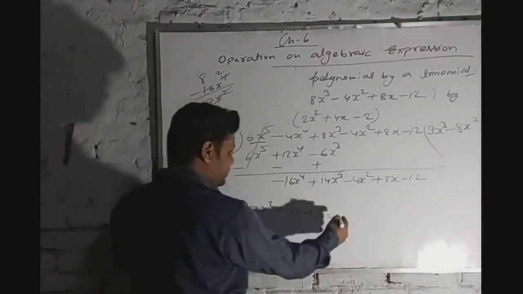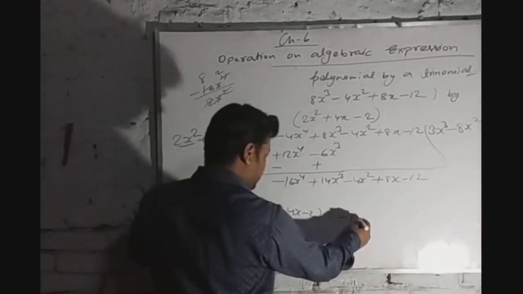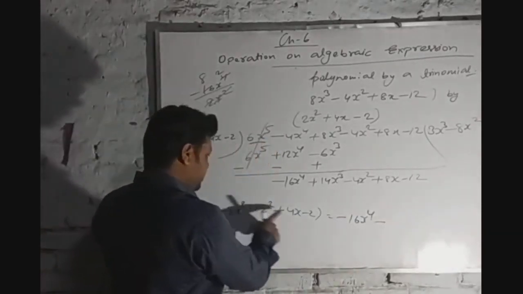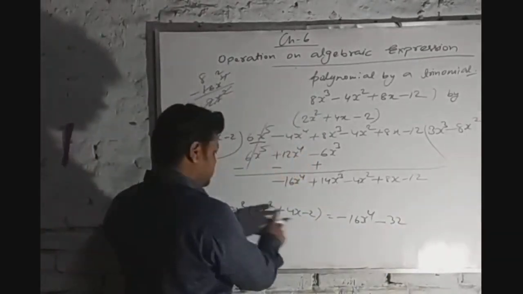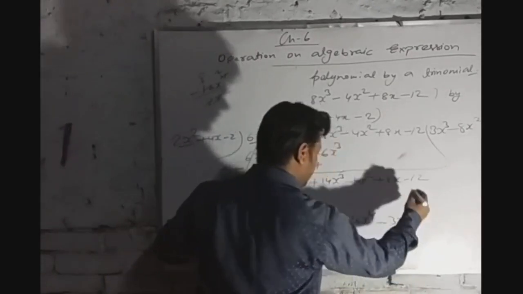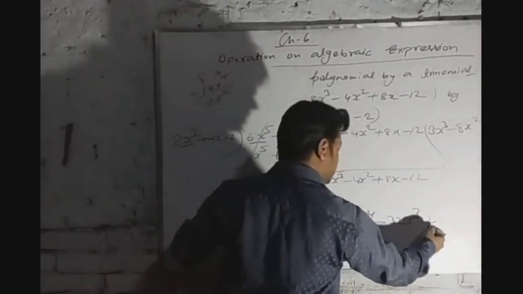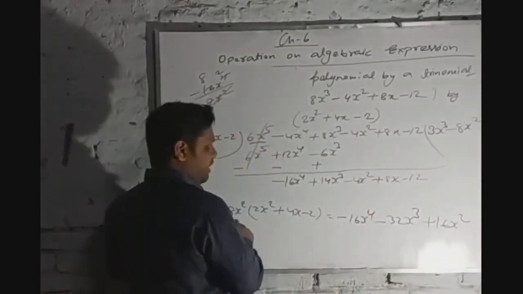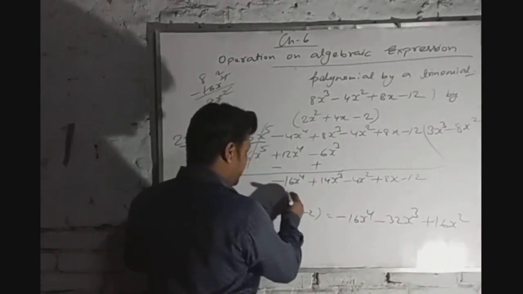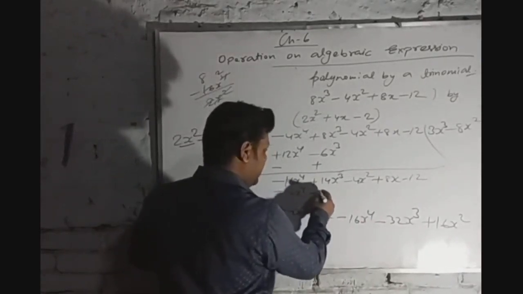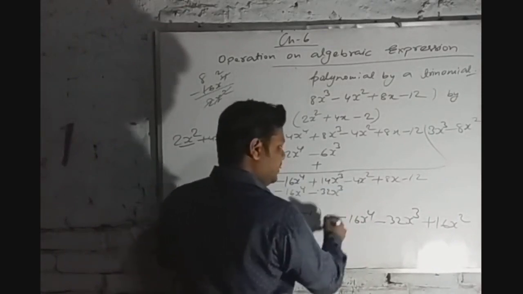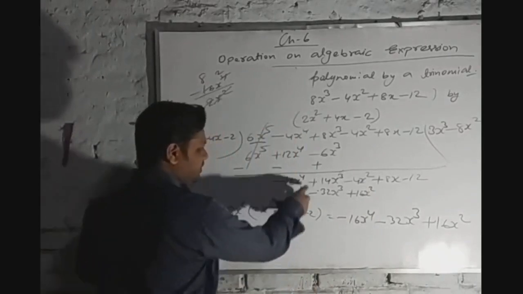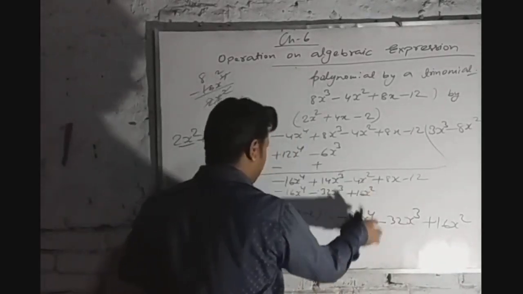At first minus plus, minus 8 2 is 16x to the power 4. Then again minus plus, minus 8 4 is 32 and x square times x gives x cube. Now again minus plus and 8 2 is 16x square. So this will be our value. And here we will write minus 16x to the power 4 minus 32x cube plus 16x square. All are like terms: x to the power 4, x to the power 3, x to the power 2.